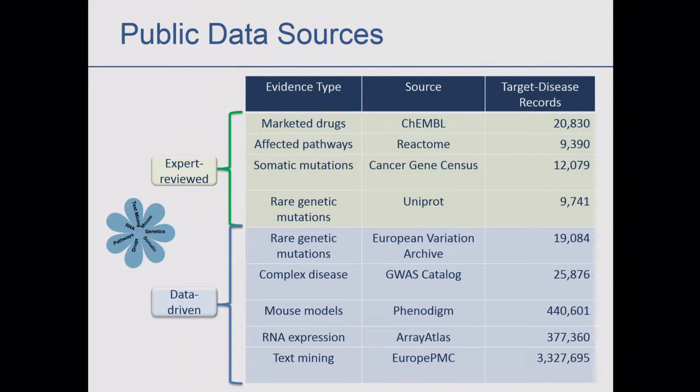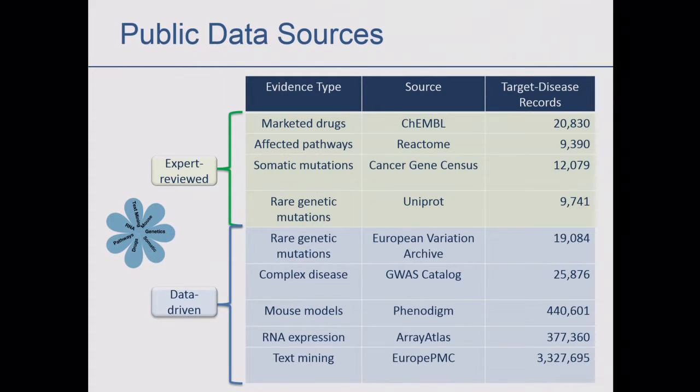Are there rare genetic mutations, either from UniProt or from the European Variation Archive, that link a mutation in that gene to a disease? Similarly, we've heard a lot now about GWAS and complex disease. So we take data initially from the GWAS catalog on the lead SNPs.